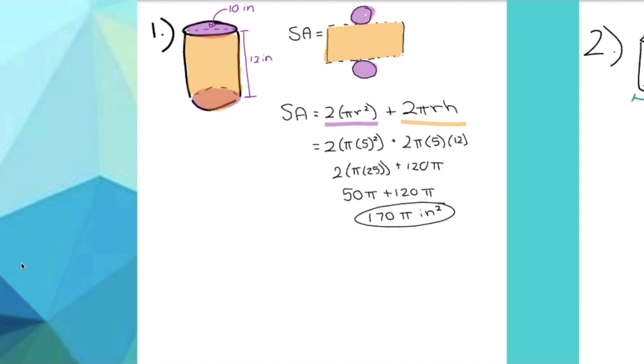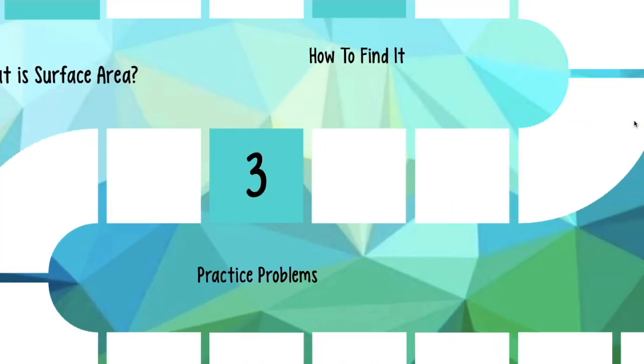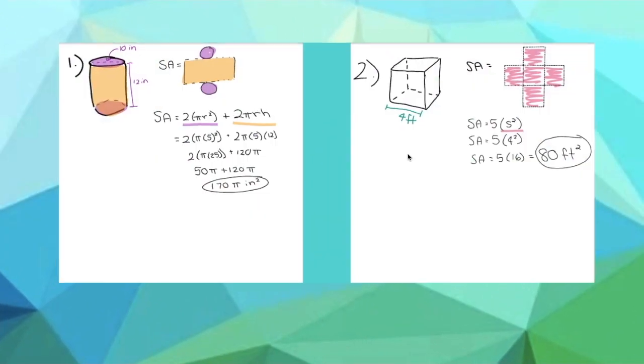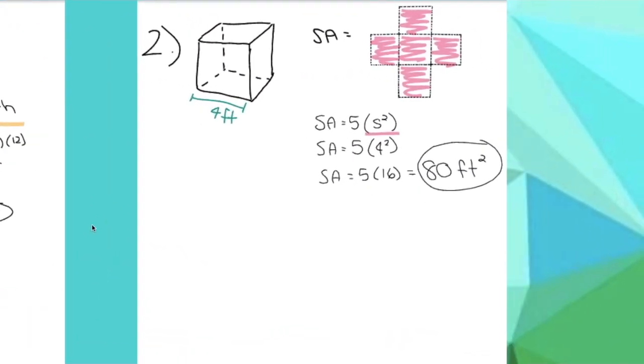inches squared. And the units for surface area, like any other area calculation, are always going to be squared. Now let's look at the other one. The other one is a cube, and a cube has the same squares on all sides. If you flatten it out, you'll see it consists of 5 identical squares, each with 4 feet as its side length.